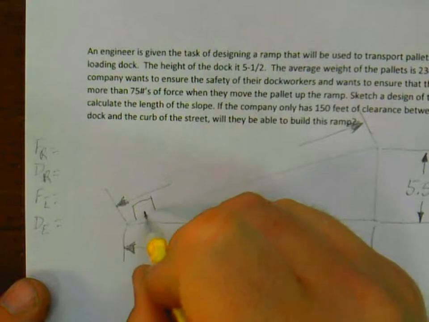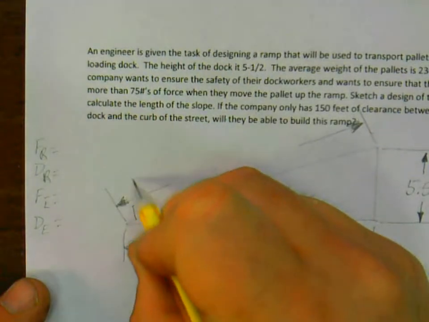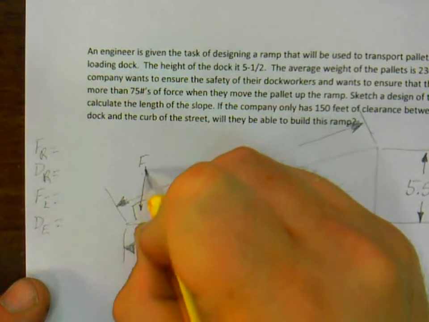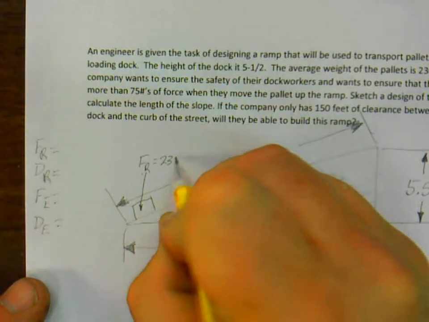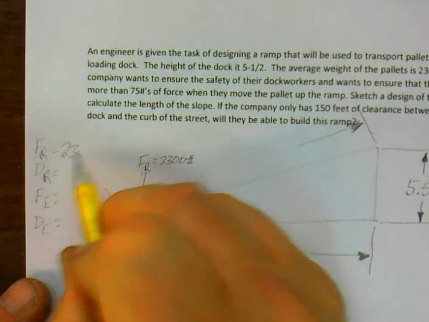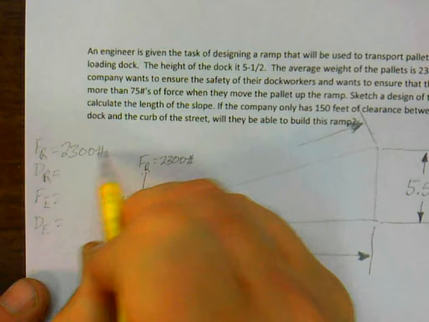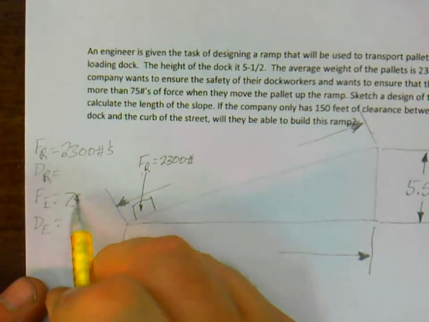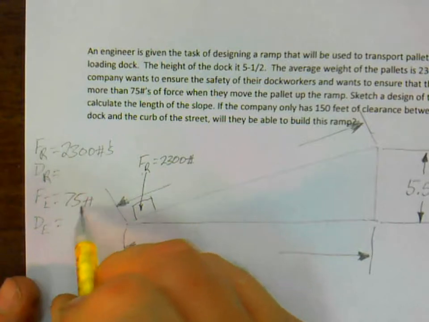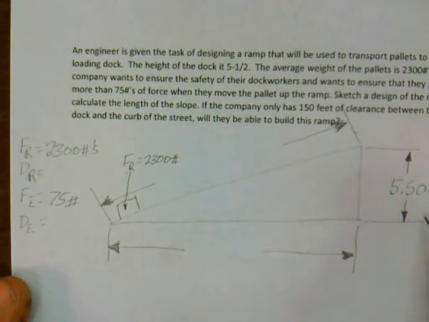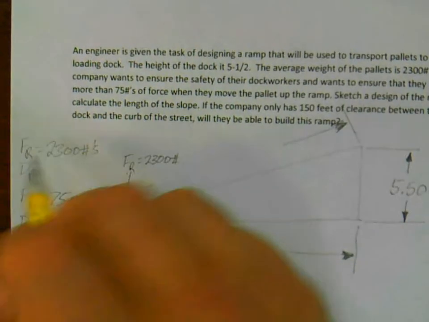That force is our F of R, which is 2,300 pounds. So we'll put that in here, 2,300 pounds. And the company's requirement is that they don't want that effort to be any more than 75 pounds. We also know our DR, the distance of the resistance here, is 5.5 or 5.500.